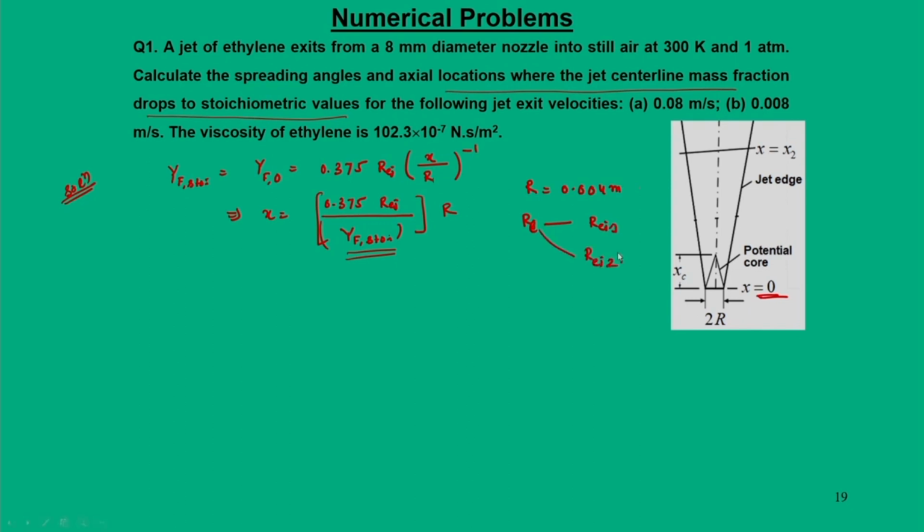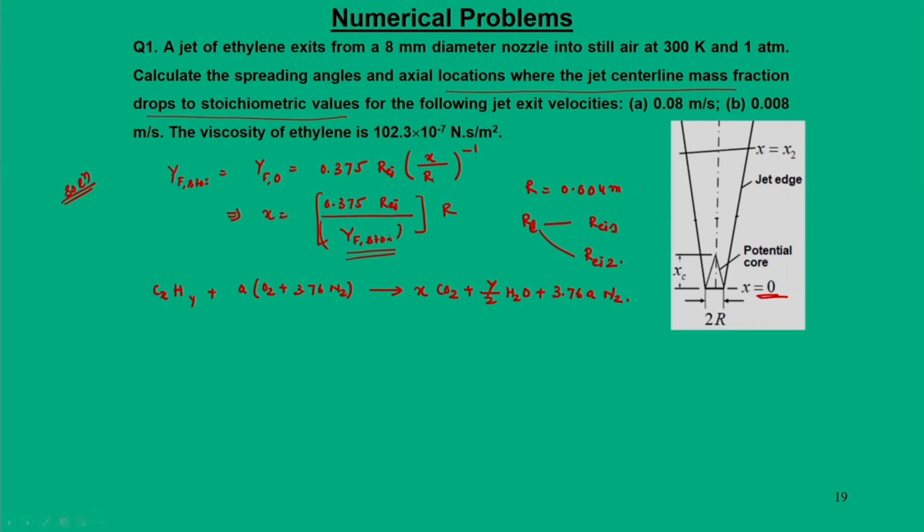To find this stoichiometric value, we have to recall the fundamental equation: CxHy plus A (O2 plus 3.76 N2) gives rise to x CO2 plus y by 2 H2O plus 3.76 A N2.